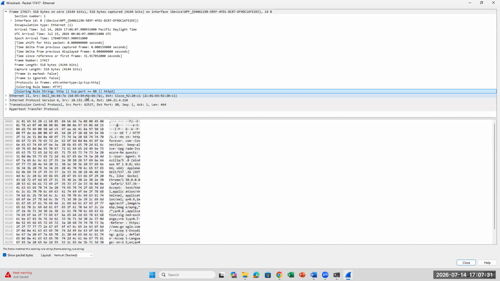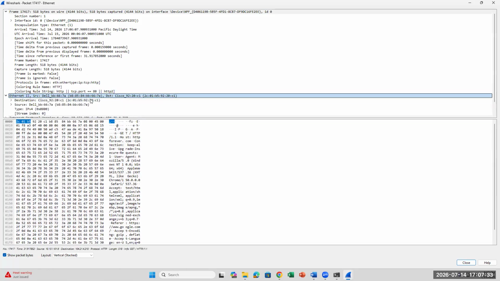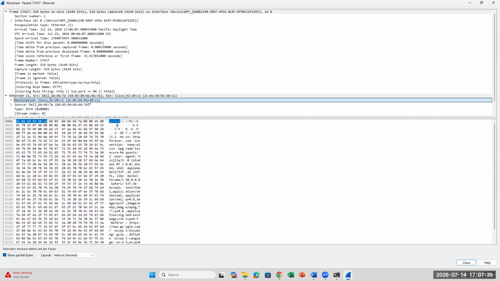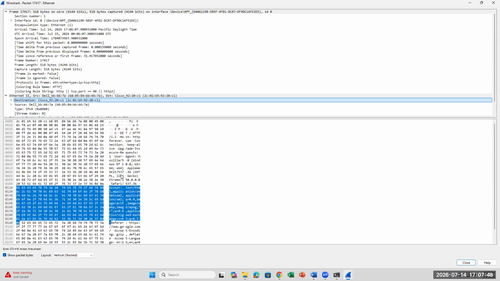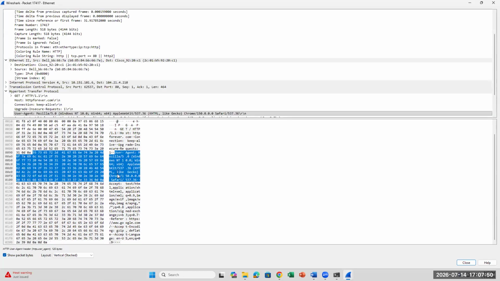And you would see there's also your physical address. You can tell that that's a Cisco, possibly a switch that's passing that. Okay. So now down here, I do see some information like definitely Chrome.